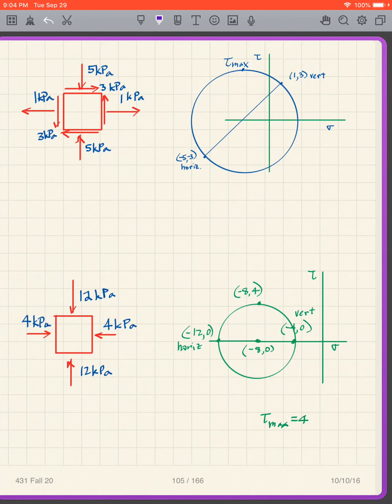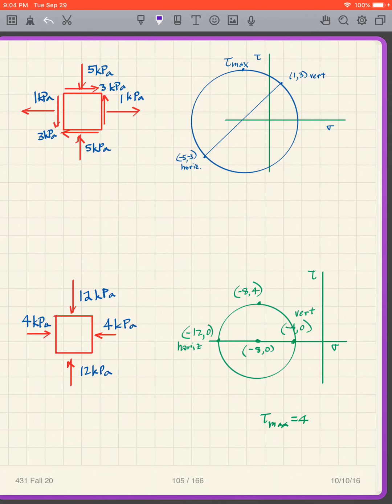So this is a square instead of a rectangle. That's the only difference, but it doesn't make any difference to our analysis. And in this case, our horizontal stress is less than our vertical stress. So this is somewhat typical of a triaxial test stress configuration.